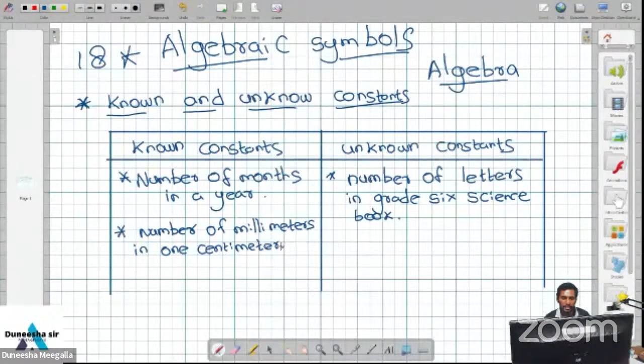Number of millimeters in 1 centimeter. Can you take your ruler and count the small notches? 10? 10 millimeters. Yes, 10 millimeters. It's a known constant. Can you understand it? Yes, sir. Okay.